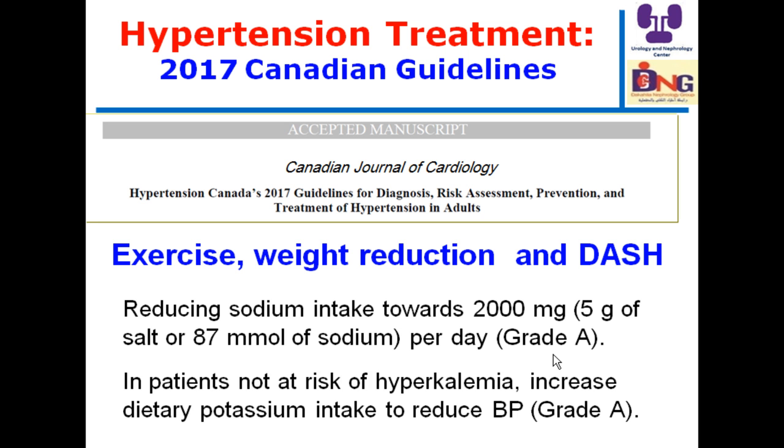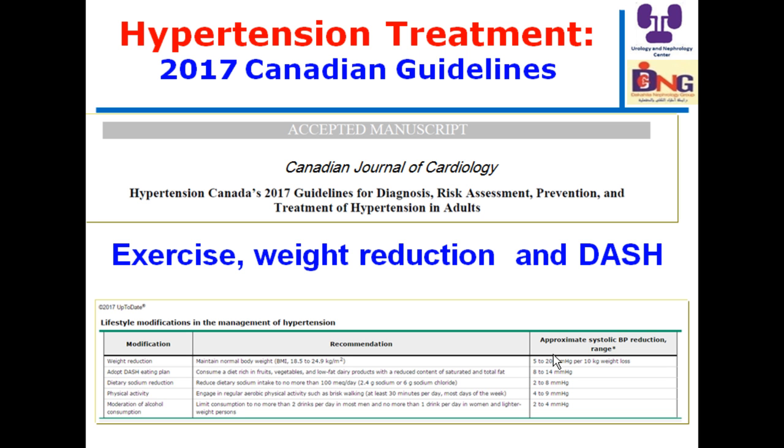In patients not at risk of hyperkalemia, increase dietary potassium to reduce blood pressure. Both of these recommendations carry grade A evidence. And this is from UpToDate, showing the modification in lifestyle and its repercussion on blood pressure. Weight reduction may lead to a 5 to 20 millimeter mercury drop per 10 kilogram weight loss.